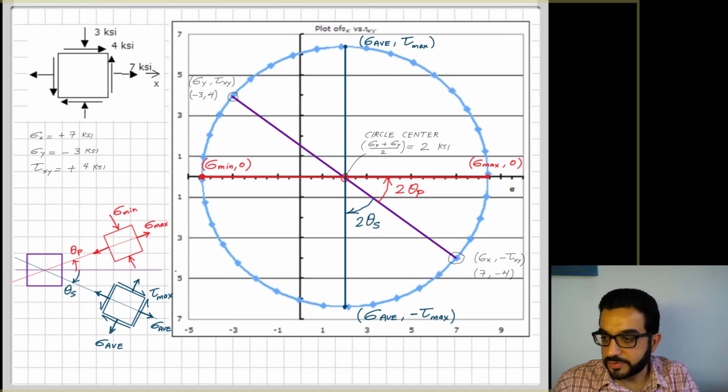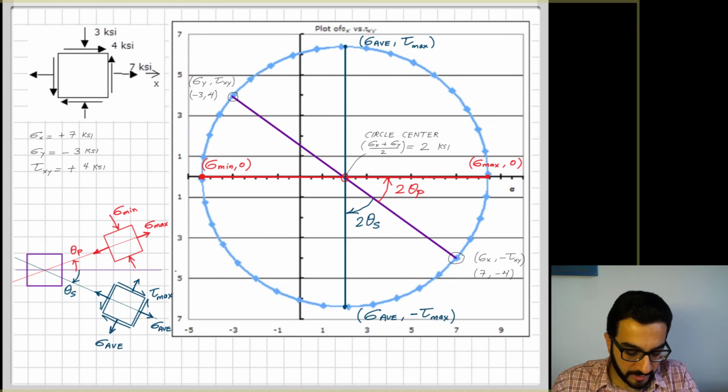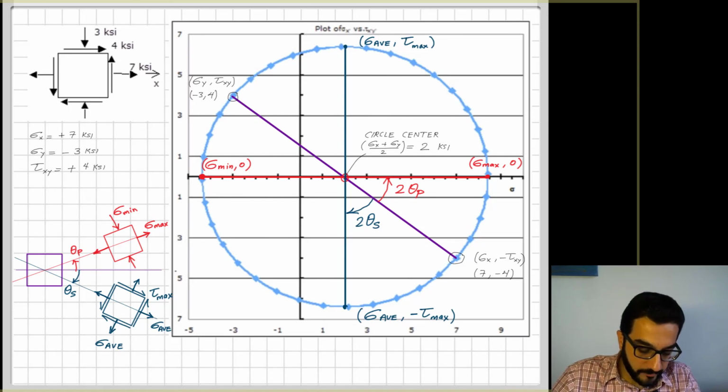And tau max here, if I check it, sigma average, that's coming from the rotation of sigma x. If you look at the point of sigma x and negative tau xy, in the stress block, sigma x was positive and tau xy was positive. And here the rotation of the line from the original state of stresses to the maximum shear stress didn't change where I moved my tau.